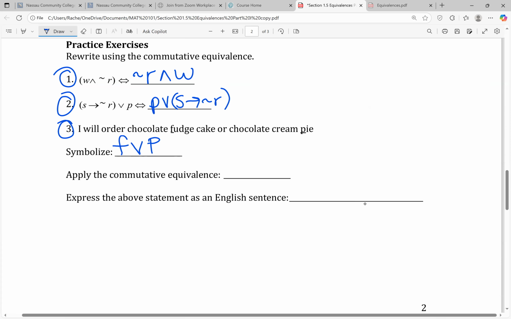Now let's apply the commutative equivalence. The commutative equivalence, remember, just means that if I have a disjunction, I could rewrite it in the opposite order, right?